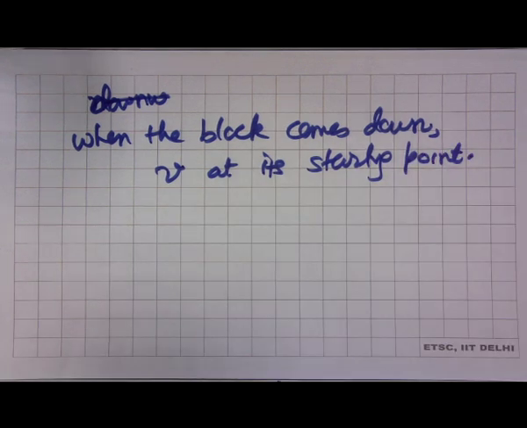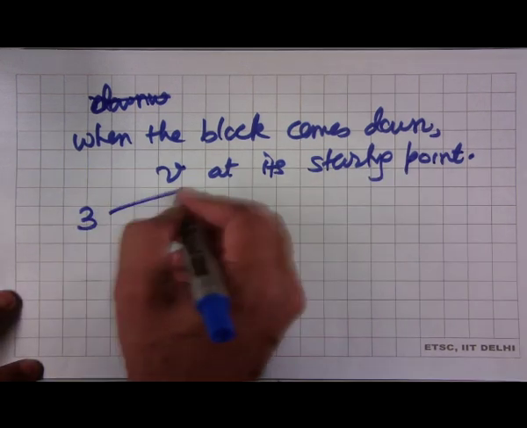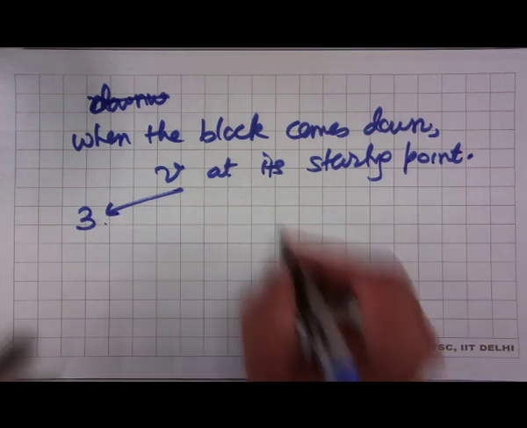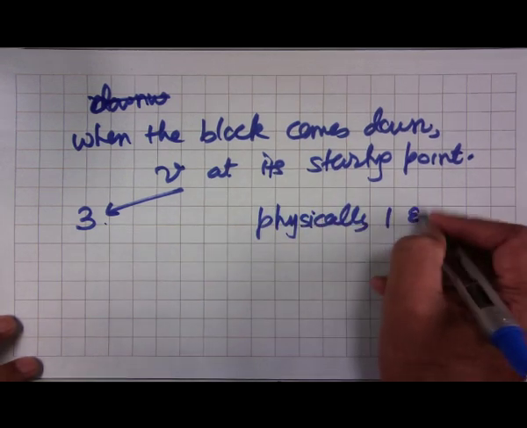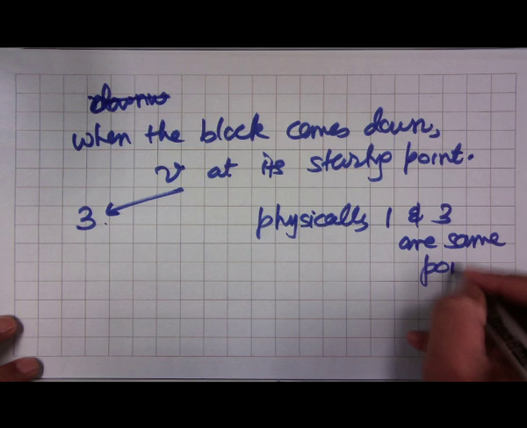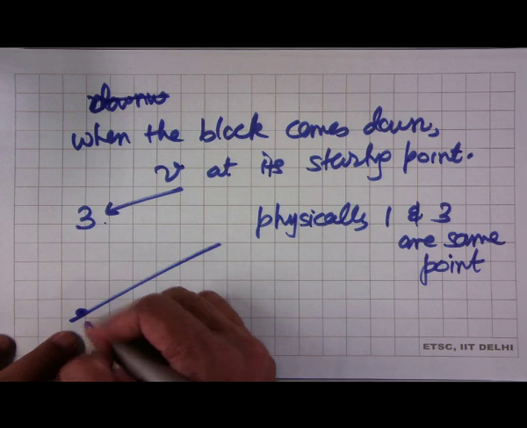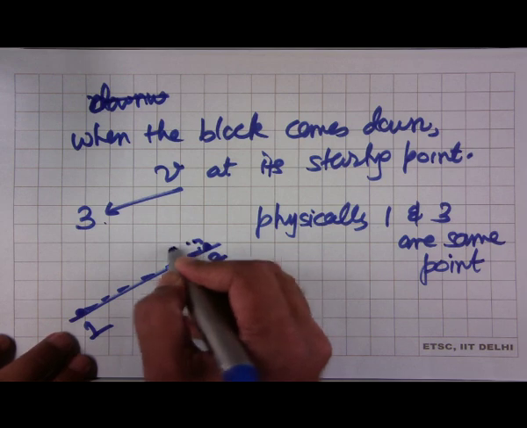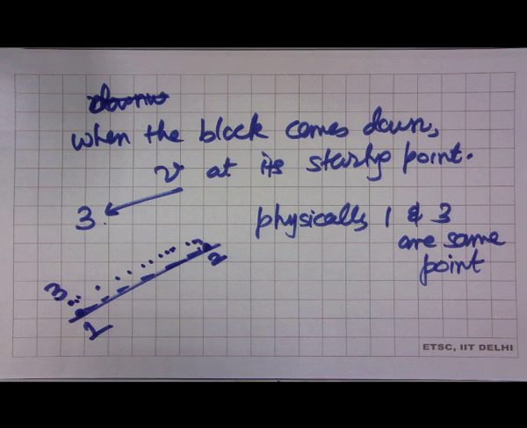So, let us call the position when it returns to the starting point as 3. Now, physically 1 and 3 are the same point, but what has happened is the block starts from 1, moves up to 2, and after that it comes back down to 3.